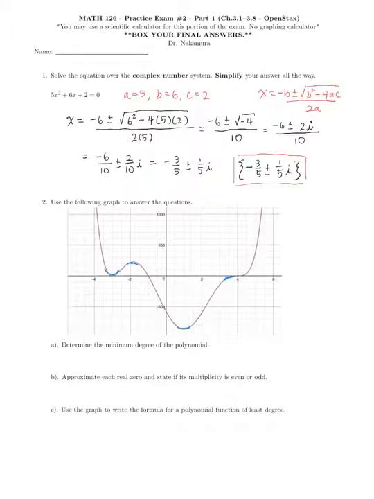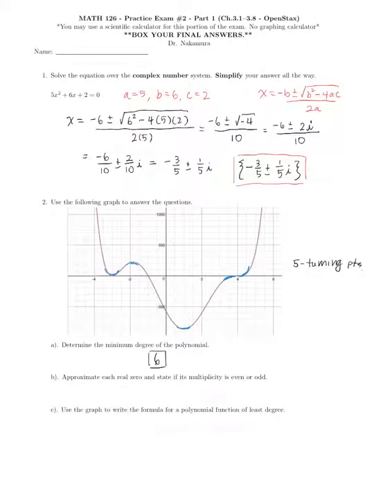And then there's another one starting from this way. So we have 1, 2, 3, 4, 5. We have 5 turning points. Let me write it, 5 turning points. That means the degree of the polynomial is going to be 1 more than the number of turning points. So I'm going to say the minimum is degree 6.